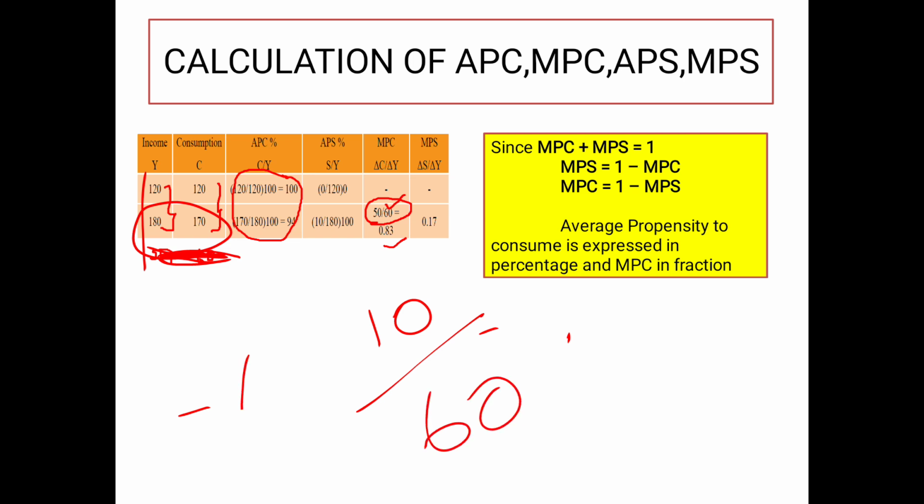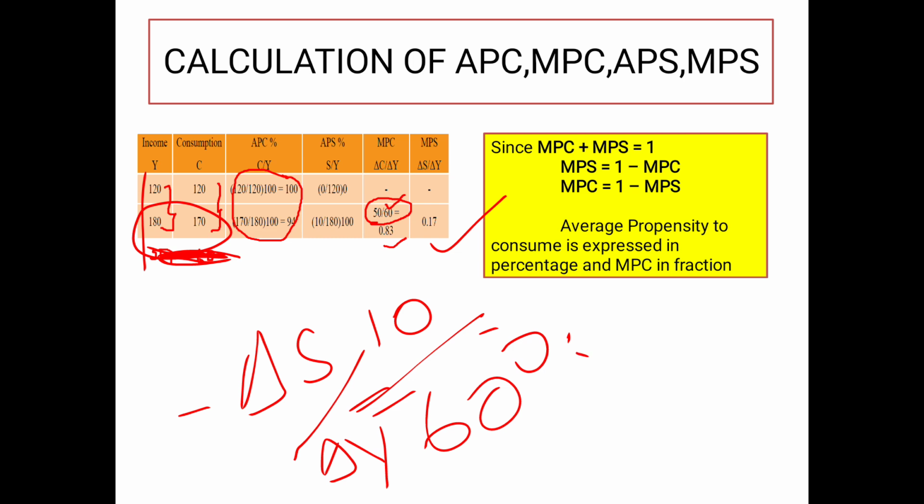What is 10? Change in savings, divided by change in Y. So this is how you calculate. So you get the answer as 0.16.